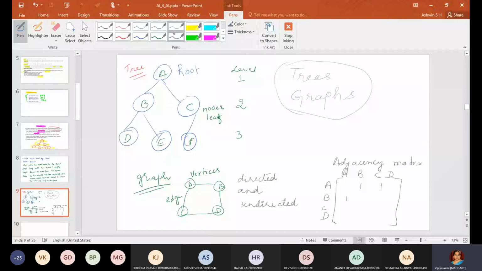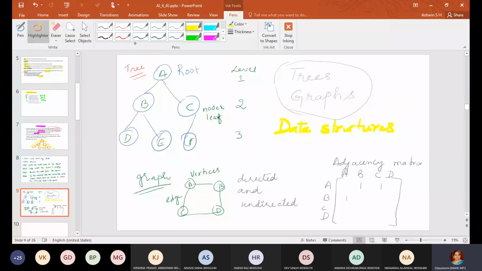These are normally data structures. If you have studied data structures, definitely you would have studied trees and graphs. Some of you had, I think, an elective last in fourth semester, an open elective, on data structures and algorithms. If you have studied it, you would have studied this. Now coming to the tree.